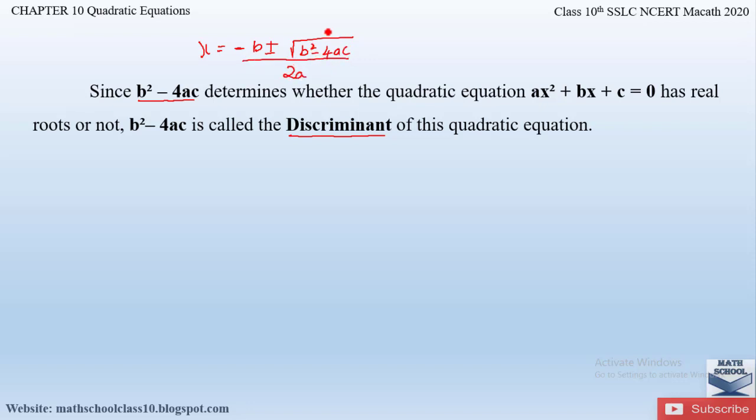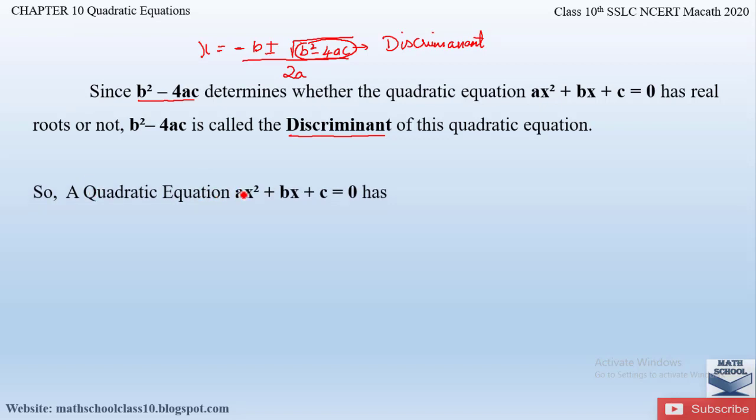So this is the quadratic formula. Since this b square minus 4ac value determines whether the quadratic equation has real roots or not, b square minus 4ac is called the discriminant of the quadratic equation, which determines whether the roots are real or not.